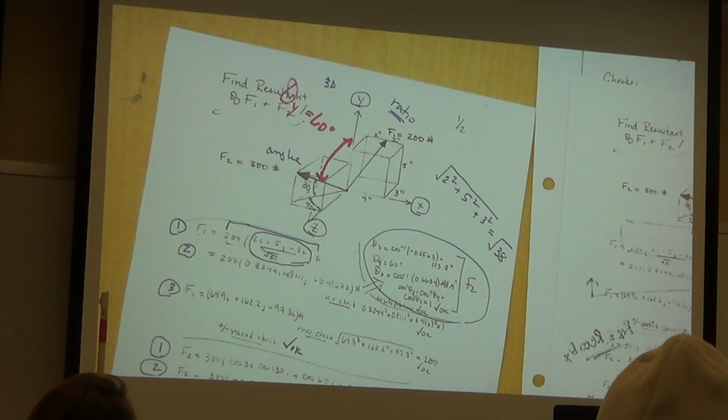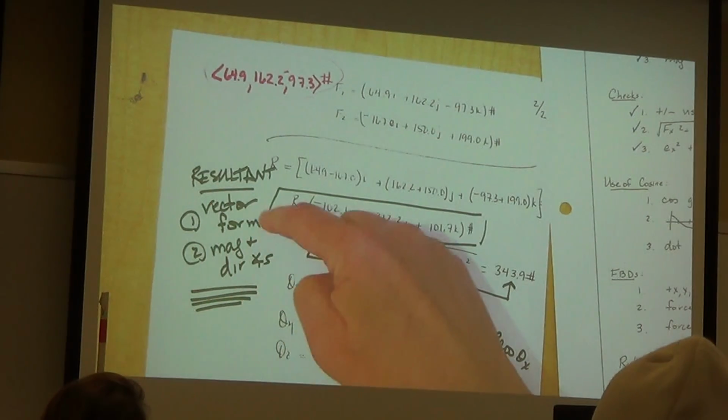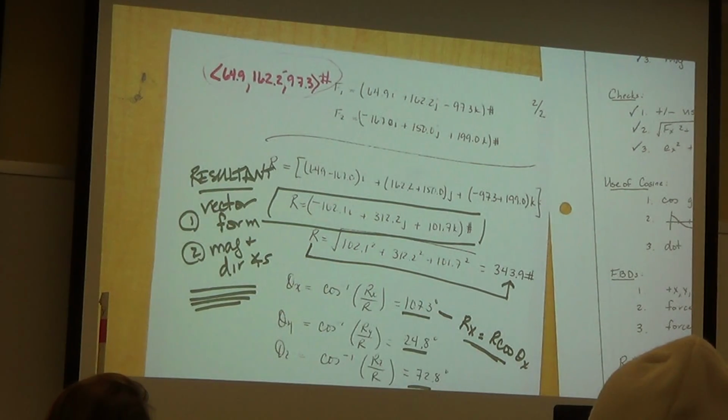Because if you do a check and you know you got it wrong, you can correct it right then, rather than going through the whole problem and then doing the check and finding out you made a mistake on the math. And then again, for resultants, it's important to represent it in vector form and magnitude and direction angle. And I will always tell you how I want something represented.